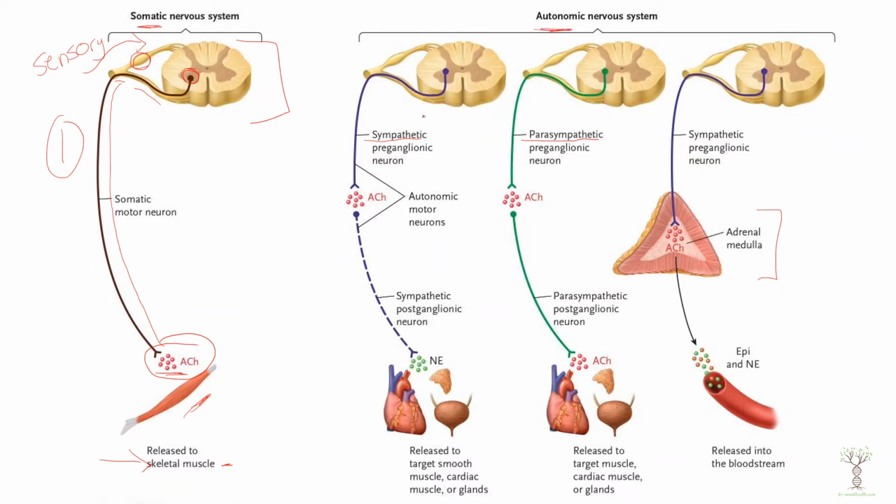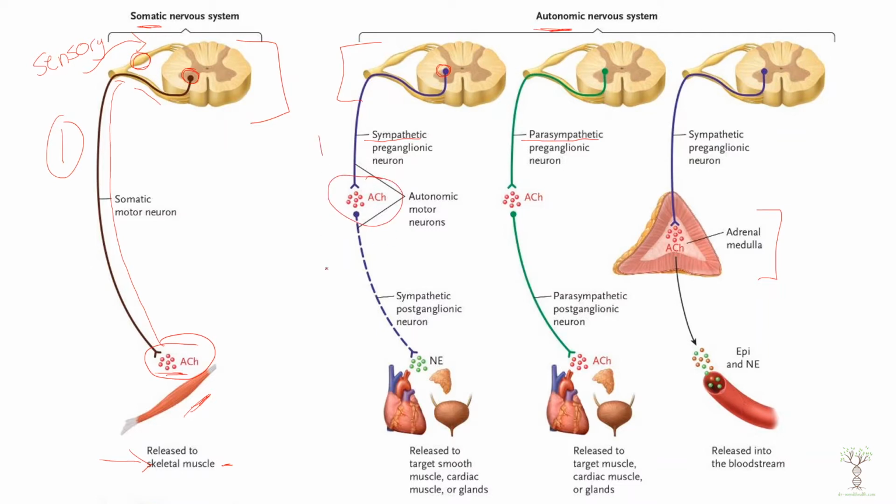Let's first look at the sympathetic system. Here we have our cross-section of our spinal cord. The cell bodies are in the lateral horn. The neuron leaves through the ventral root and goes through a spinal nerve. And then there's going to be a synapse.